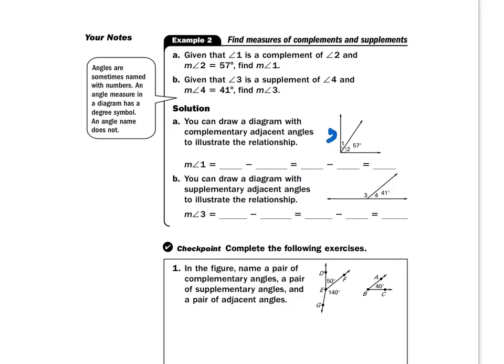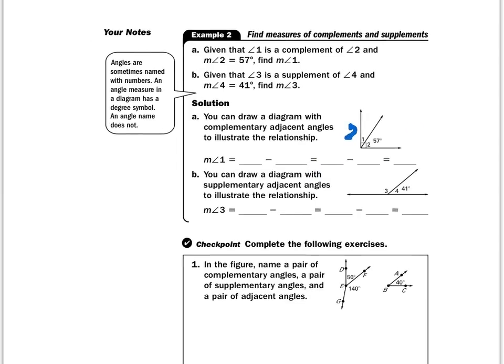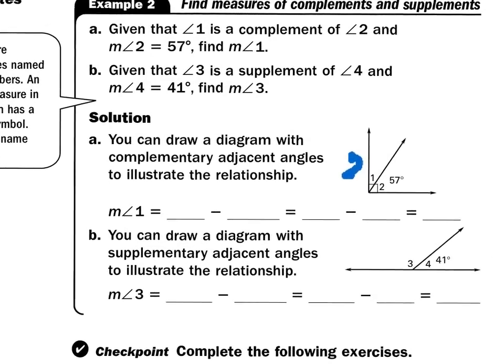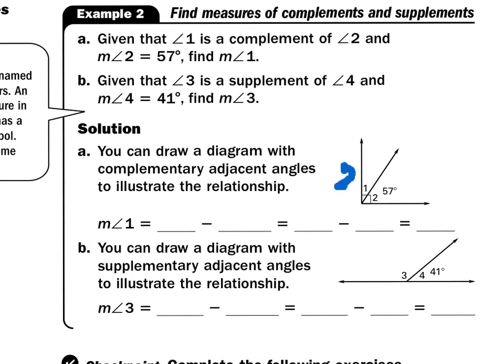Let me blow this up some so we can see it. There it is. Okay, find the measures of complements and supplements. Given that angle 1 is a complement of angle 2, and measure of angle 2 equals 57, find measure of angle 1.